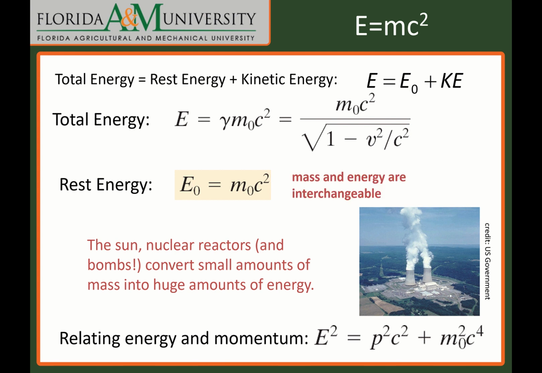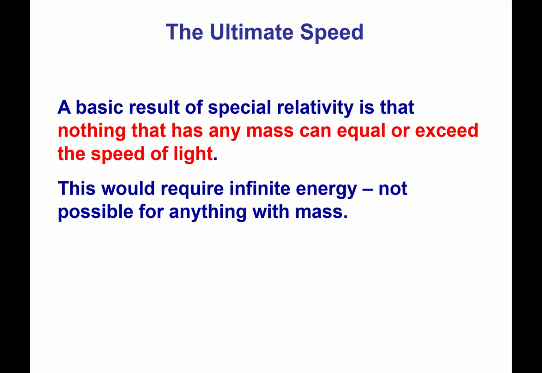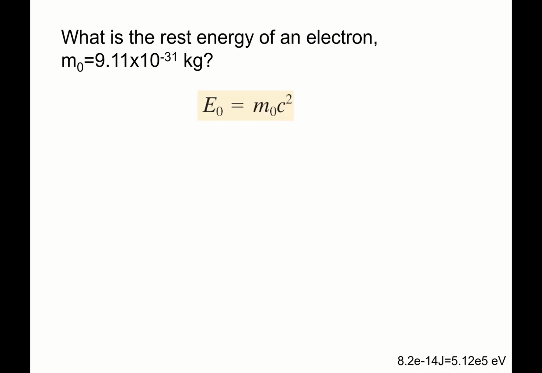So mass and energy are interchangeable is what the equation E equals mc squared means. So the basic result of special relativity is that nothing that has any mass can equal or exceed the speed of light, because this would require infinite energy, and that's just not possible.